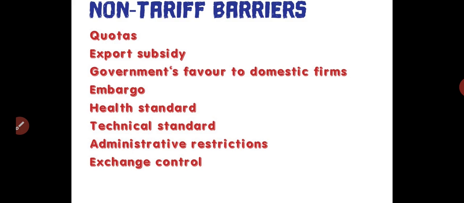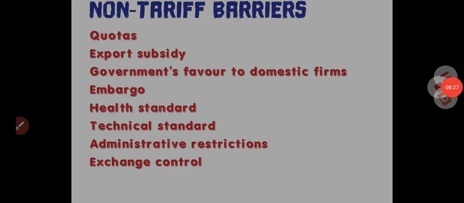This is a kind of restriction put on the conversion of one currency to another currency. International currencies are highly required for transacting commodities and services across international borders. So when there are restrictions on exchange control, imports will be limited.